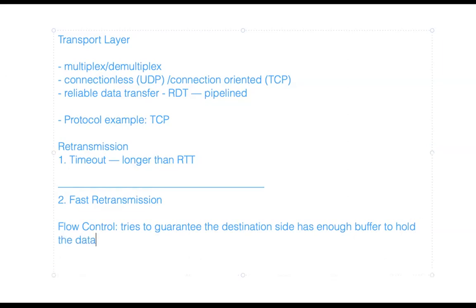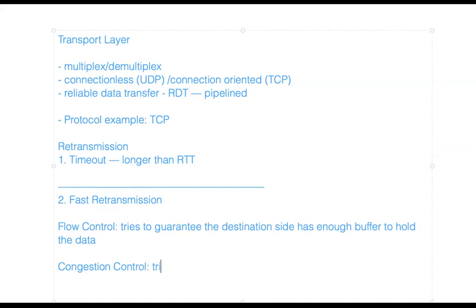So the purpose is to guarantee the destination side has enough buffer to hold the data. You don't want the destination to overflow, because if it overflows, then you lose data at the destination. It's not good. So if we have time, we will start congestion control.